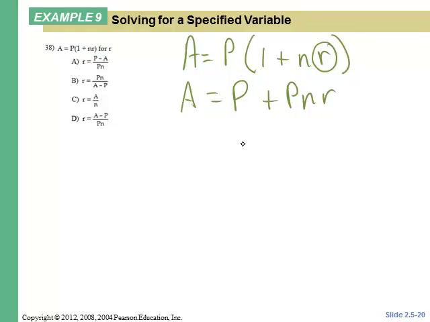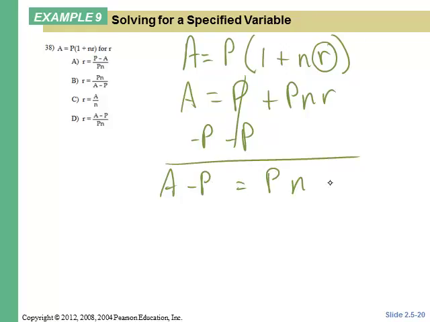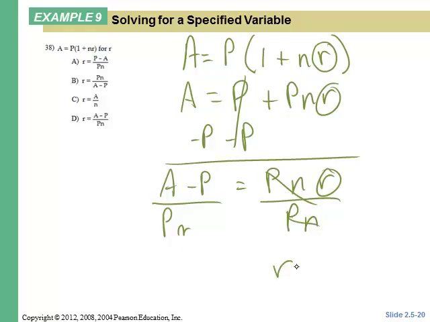So now we're going to subtract P from both sides, and we get A minus P equals PNR. We want the R all alone. Divide both sides by Pn, and we have R equals A minus P over Pn.